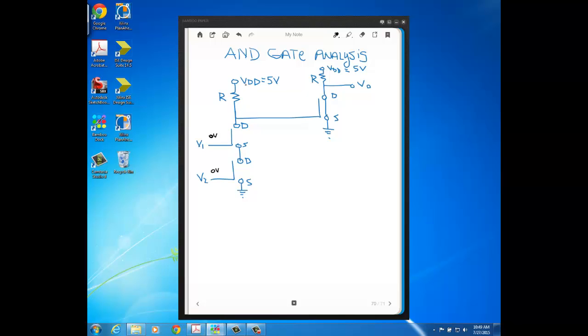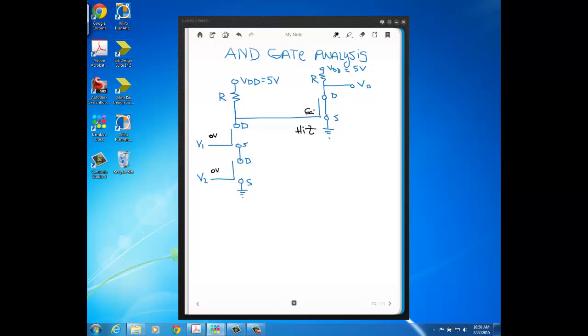Well, that means that there won't be any current flow from this source VDD, this 5 volts here, because in order for current to flow from this source, it needs a path to ground. And it doesn't have a path to ground through here, since both MOSFETs are acting like opens from drain to source. And also the current won't flow this way, because remember, at the gate of a MOSFET you have very high impedance.